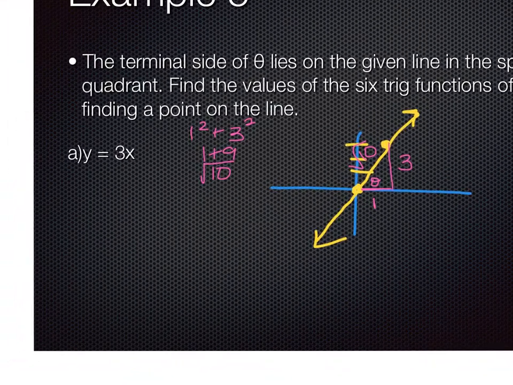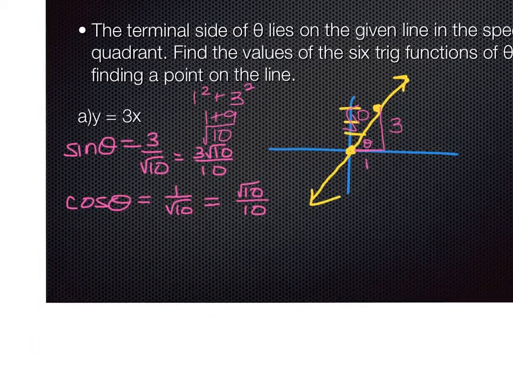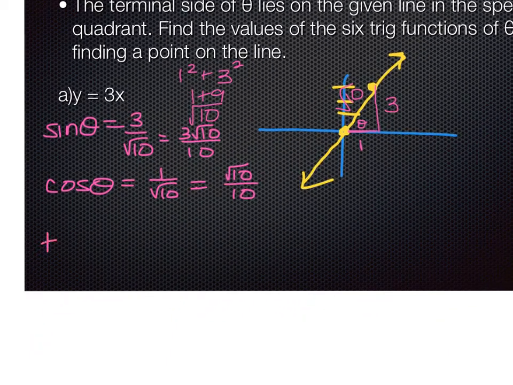Now, find the 6 trig functions. So sine is 3 over root 10, which gets rationalized. Cosine, 1 over root 10, which gets rationalized. Ms. Christopher? Yeah. How do I know to place the theta where it is?